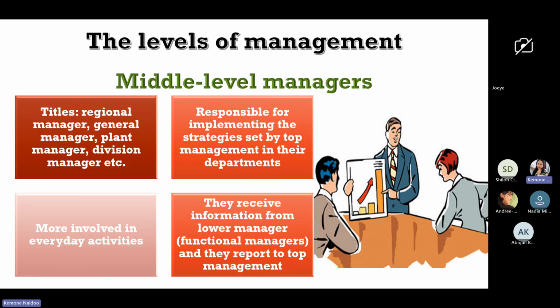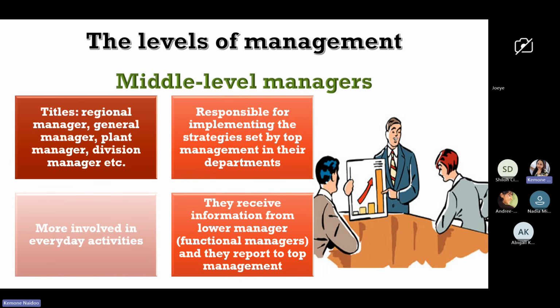Then we come to middle level managers. Now, these are our functional managers. So remember, we looked at the functional departments. So our marketing, our sales, our operations. Our middle level managers are the ones that are now overlooking those departments. So for example, your marketing manager, your sales manager, your human resource manager.